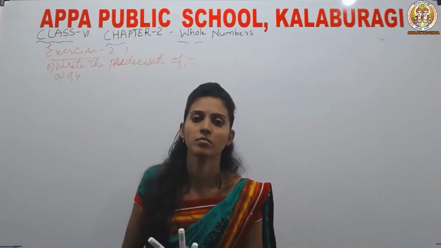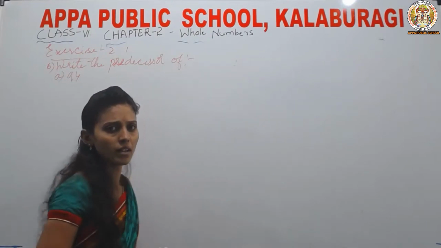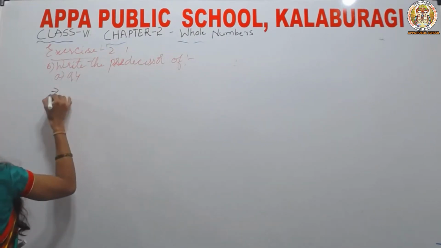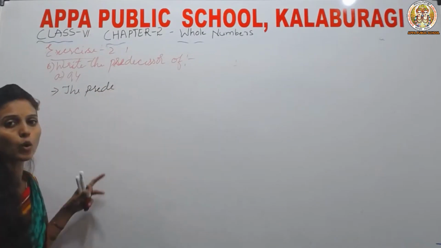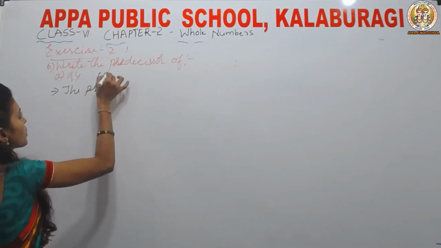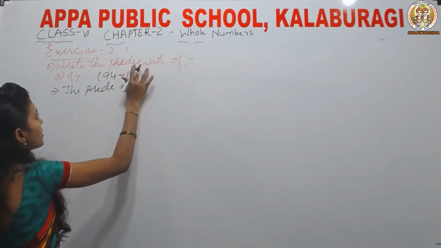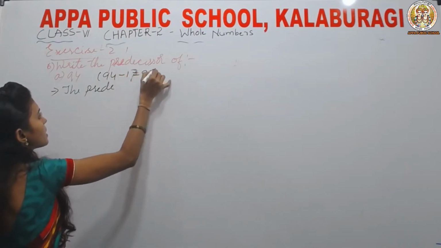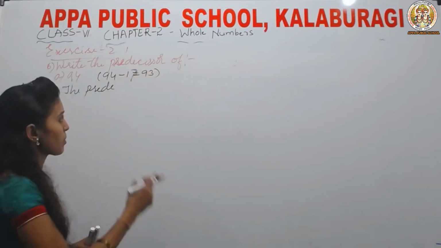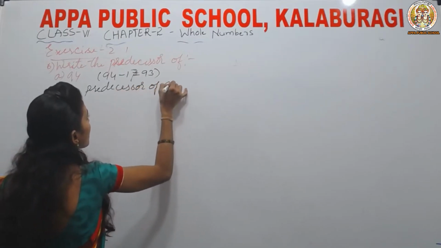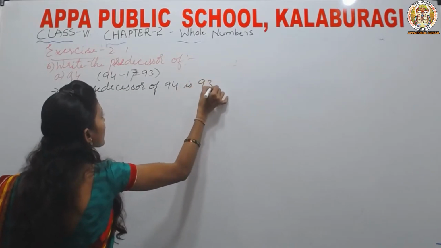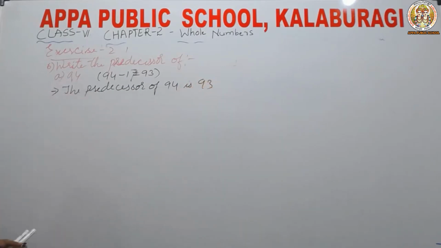How much will you get? Easy, right? 93. If you don't get the direct answer, you can do this also. 94 minus 1 is nothing but 93. That's the answer. Subtraction. The predecessor is 93. Okay?